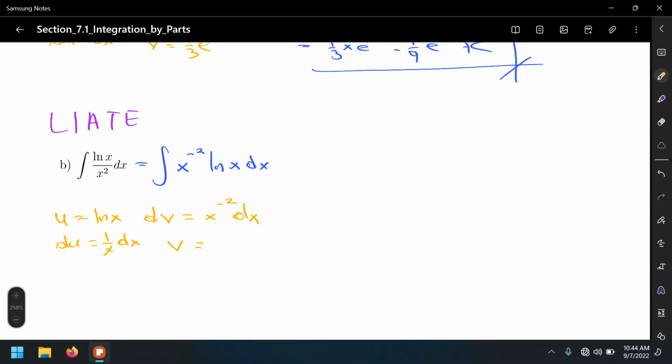Well, the integral of x to the negative 2: add 1 to the exponent, that's negative 2 plus 1, that's negative 1 over negative 1. And well, let's clean up the messy negative signs by having the negative in front, and x to the negative 1, let's write it as 1 over x. So we have all the 4 parts that we need to set up our problem here.